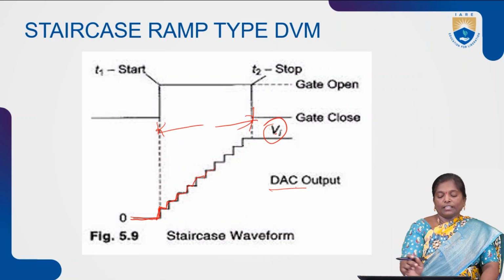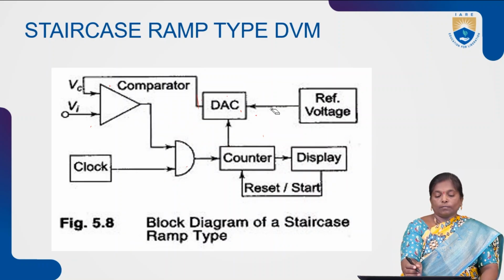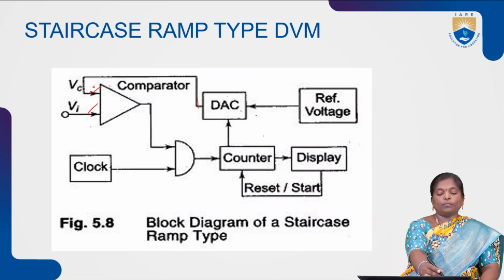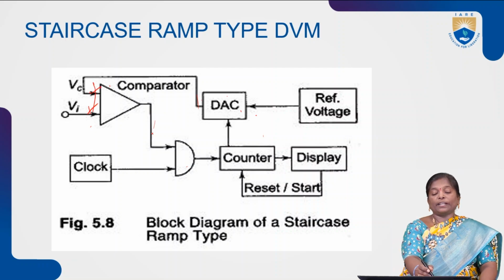During the time interval, initially VC and VI are both different, so the comparator starts sending the clock pulses with the help of the clock generator.